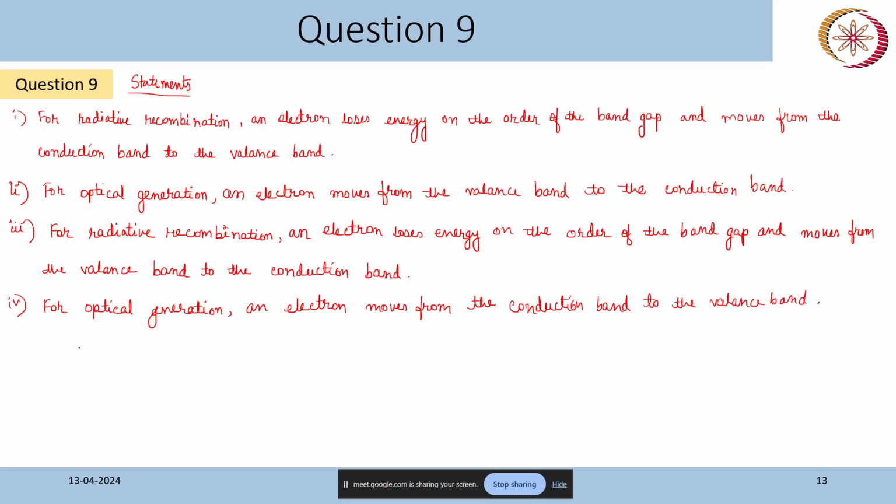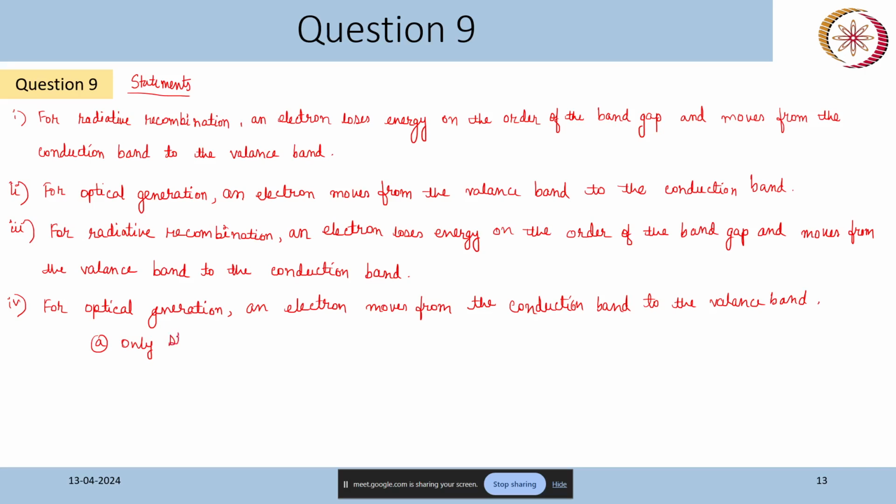Again, there are a few options here as to which statements are correct. I'm writing down the options. You can think about it by reading these statements, and decide which are the correct statements.